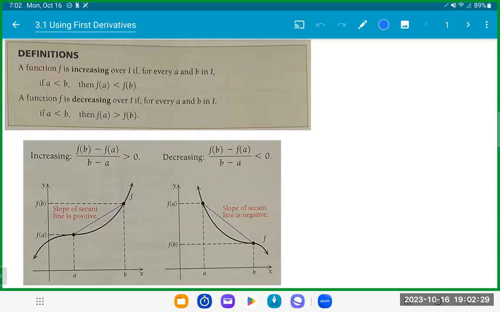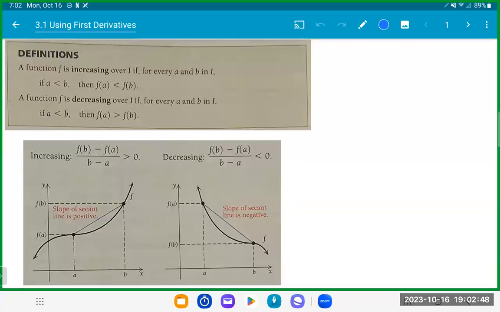But in this section in particular, section 1, we will use what we're going to learn as the first derivative to classify maximum and minimum values, and then use that information to help us sketch graphs.